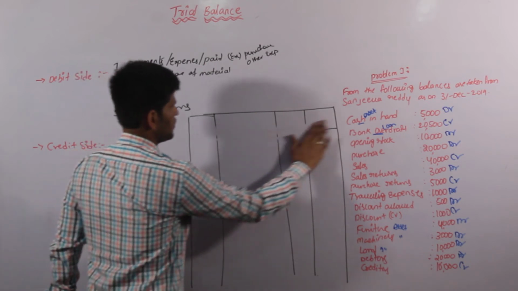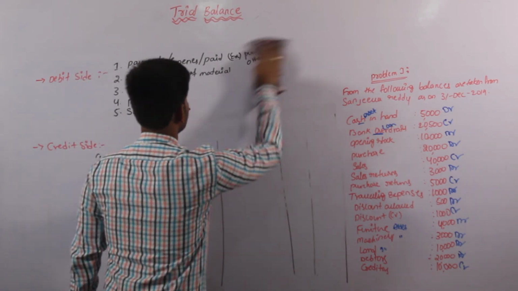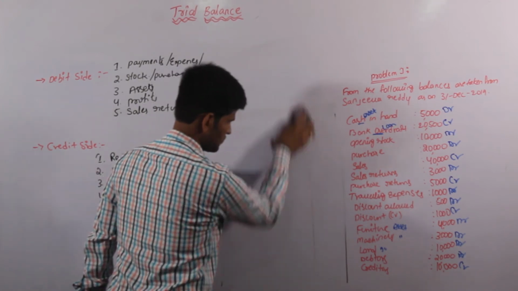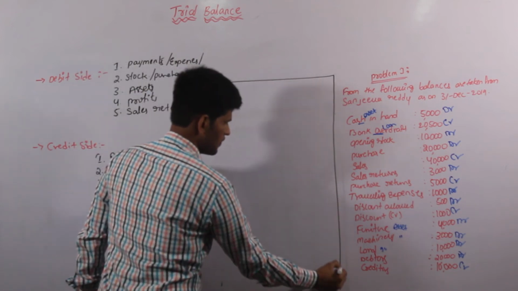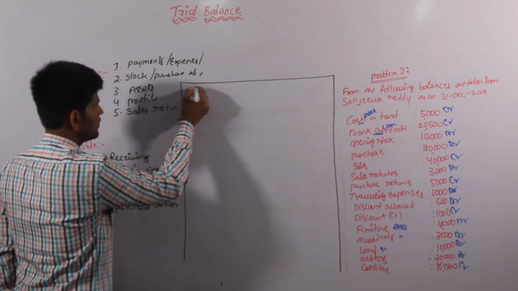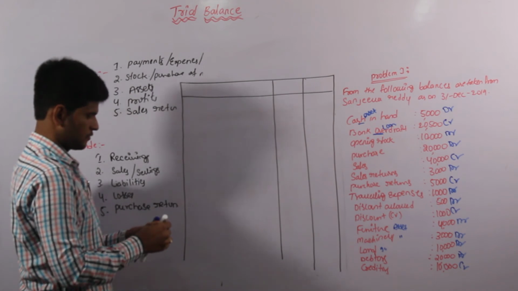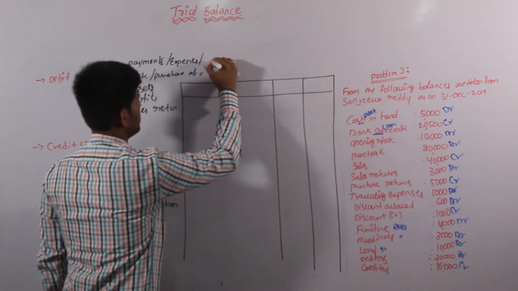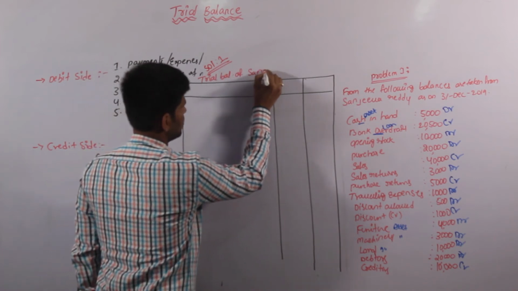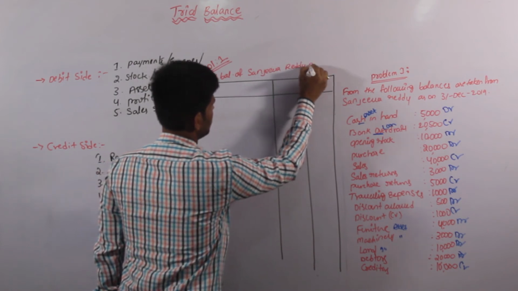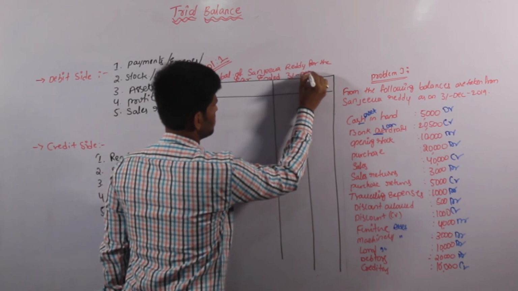Take some space. We have to give your name, solution number 1, and trial balance of Sanjeev Reddy for the year ended 31st December 2019.